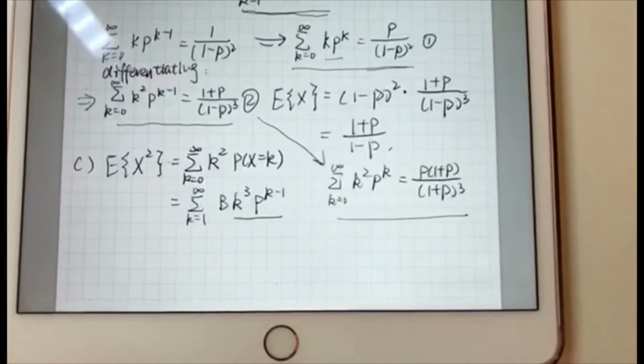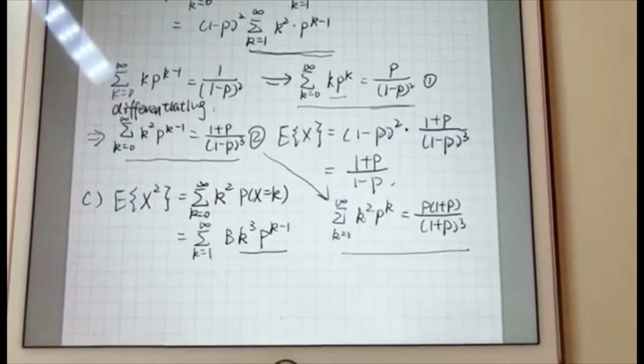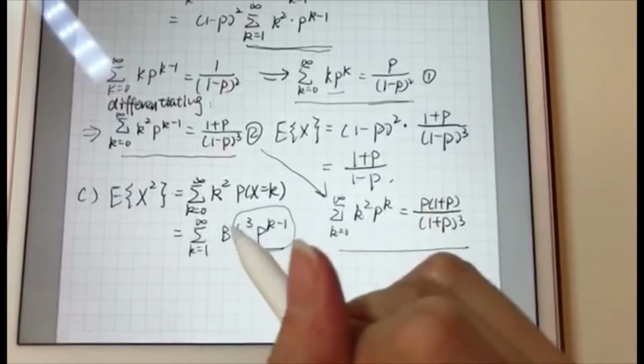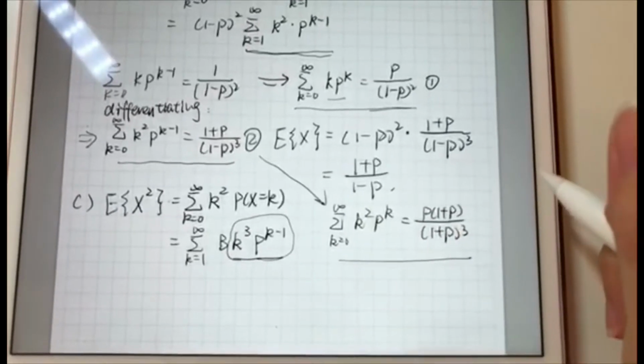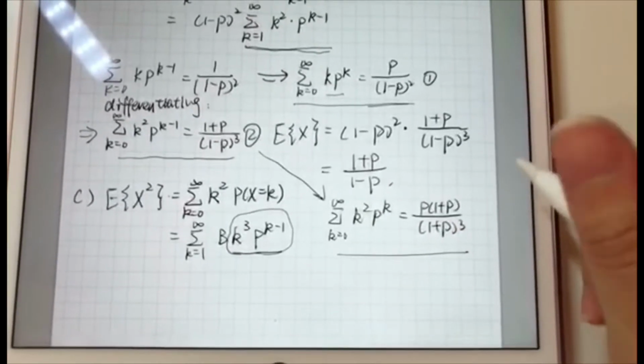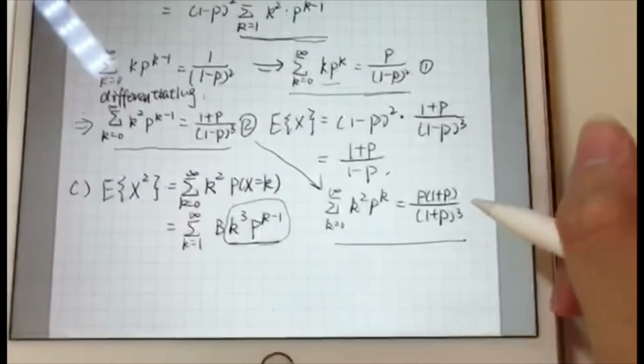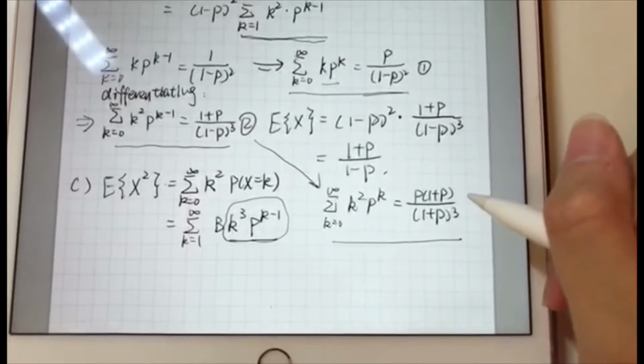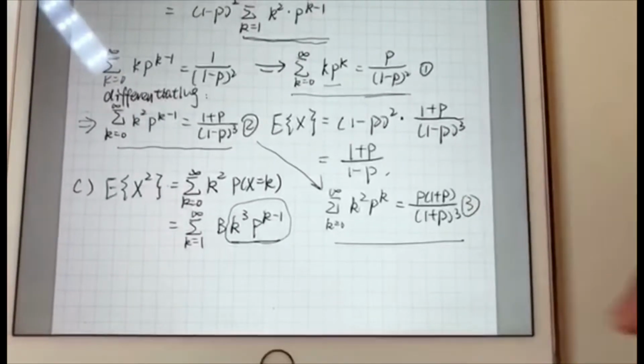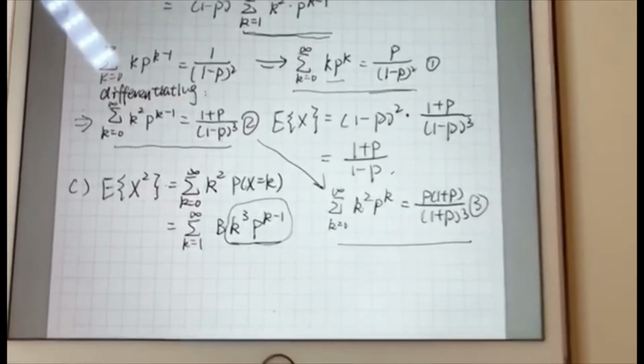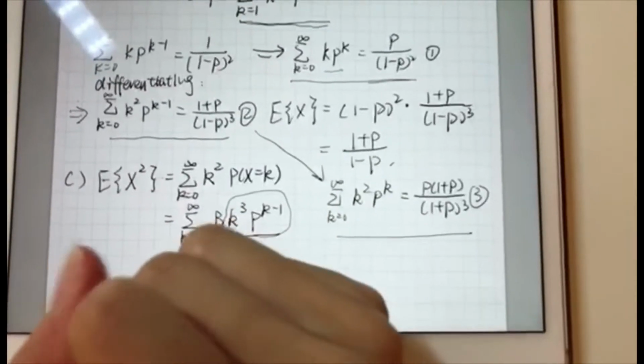We can get this equation, and in order to get the value of this expression, we need to continuously differentiate this equation on both sides. That will be this equation.